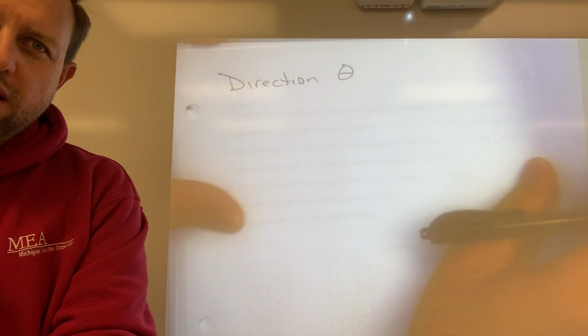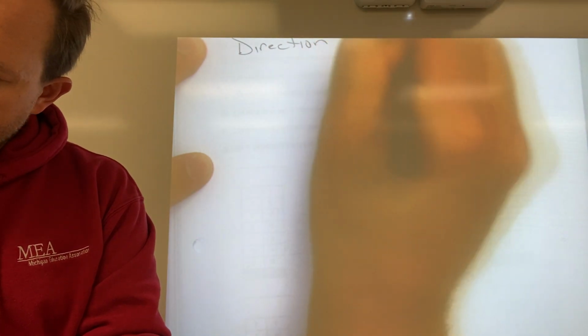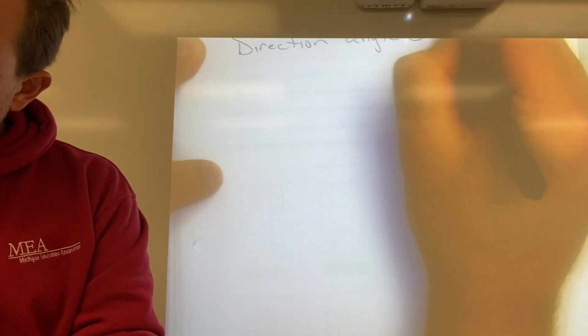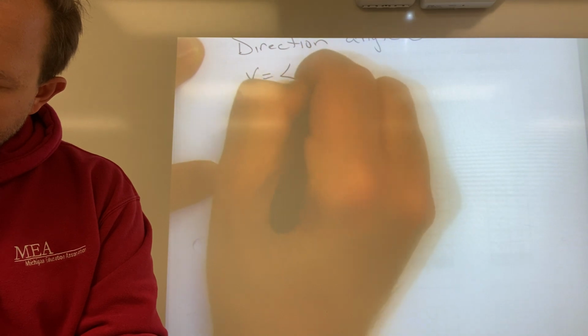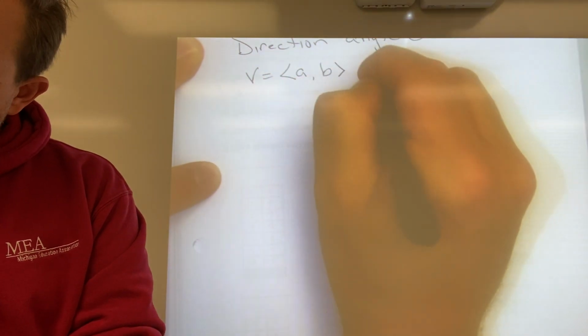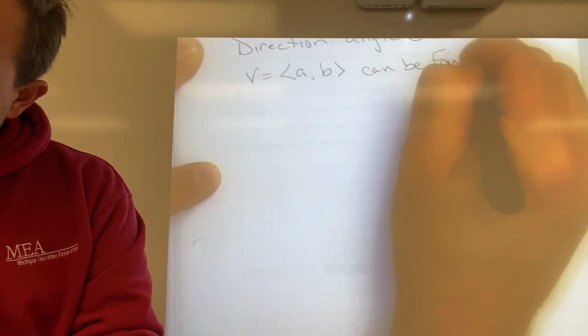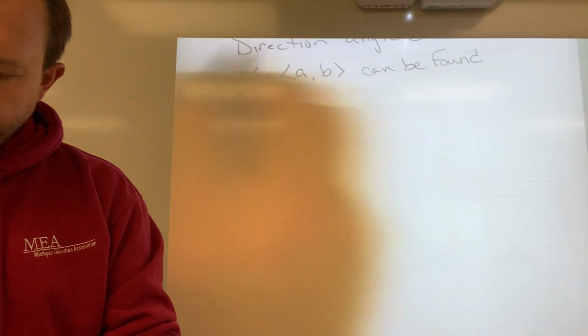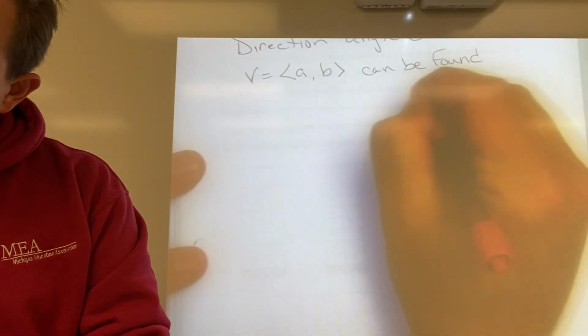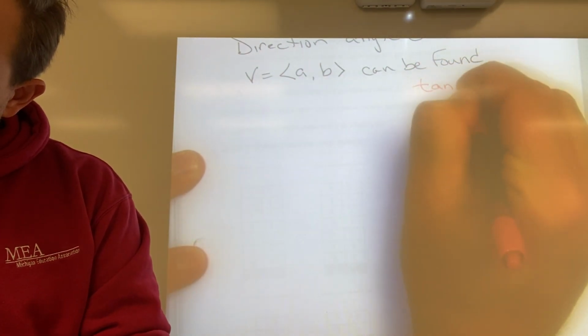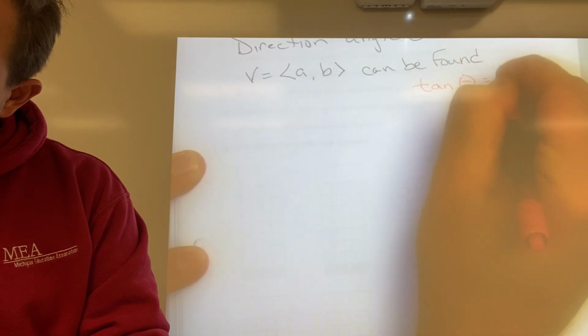Direction angle theta of vector V equals A comma B can be found by taking the tangent.